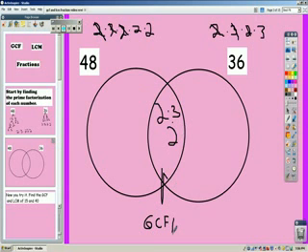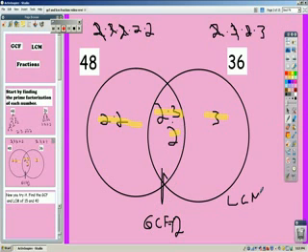Well, you might ask, where does LCM come in, and what do I do with the leftover numbers? Well, that's how you get your LCM. You take your leftovers and put them on that number's side. Then you multiply everything together, giving you the LCM. So, 2 times 2 times 2 times 3 times 2 times 3 gives you the LCM of 144. Now, you might say, well, all I did was multiply the two numbers together.